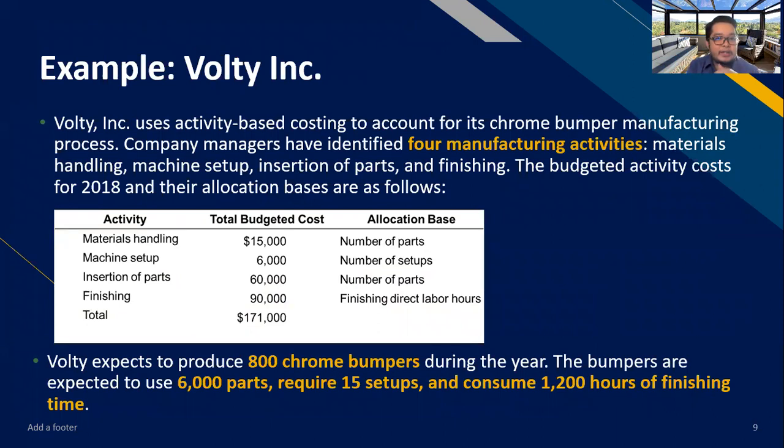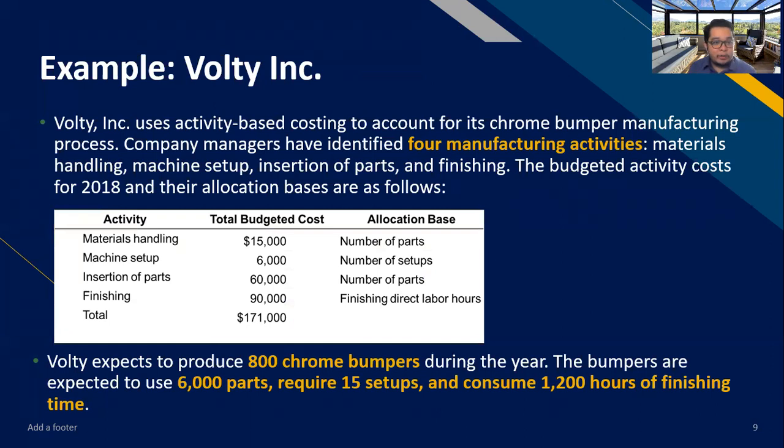So Volty Inc. uses activity-based costing, and they have identified 4 manufacturing activities. So based on their study of how they work, there are 4 main manufacturing activities: materials handling, machine setup, insertion of parts, and finishing. Okay? And for each of those activities, they have budgeted the costs for 2018 related to those activities.